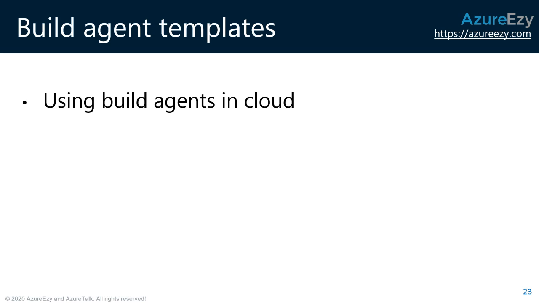Then also, when you are using cloud for your build agent, it is going to give you various options in terms of customization, or in terms of capacity. And at the same time, it is going to save your infrastructure cost as well, because when you are setting up a build infrastructure on prem, you are going to have a capital investment. You have to buy a server, you have to set up the virtualized platform, and you have to do all those things.